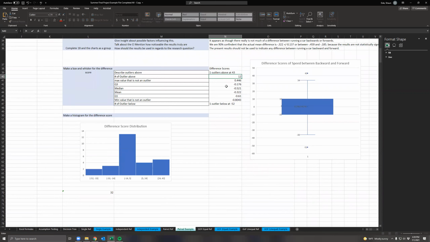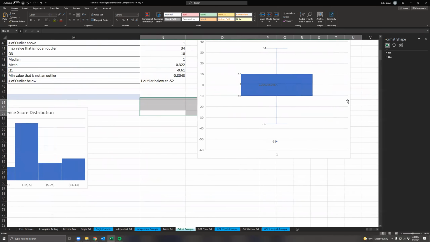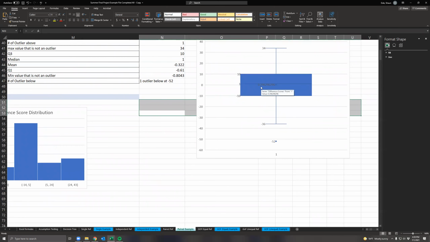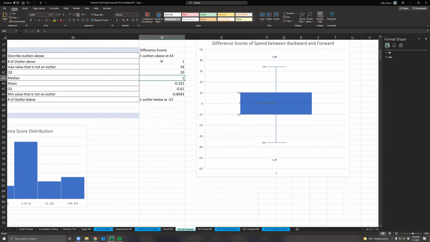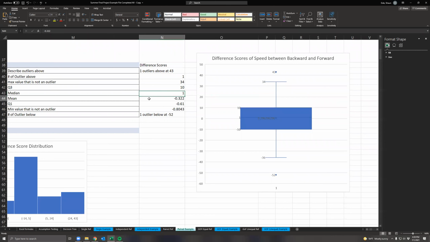So one outlier above and one outlier below. The max value that is not an outlier is 34. Q3 is 10. The median is 1. Then I'm going to zoom in to find the mean. The mean is 0.296.